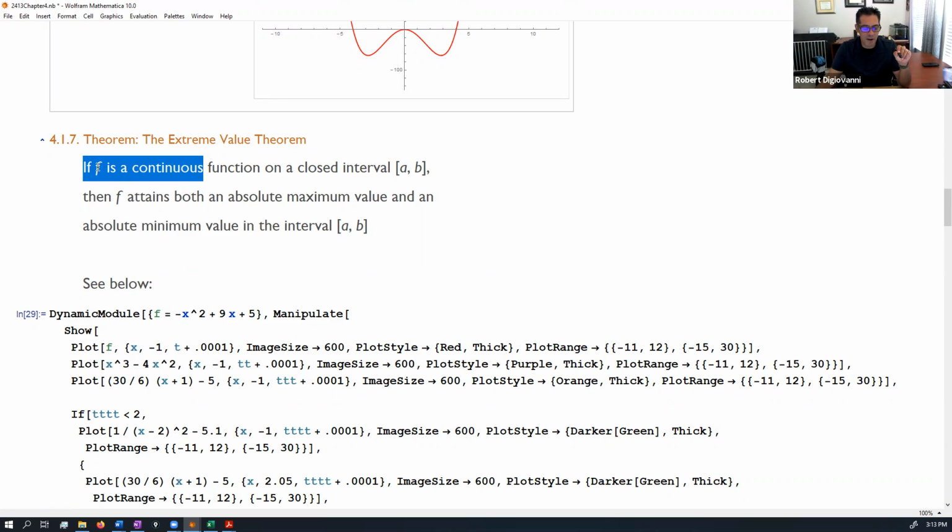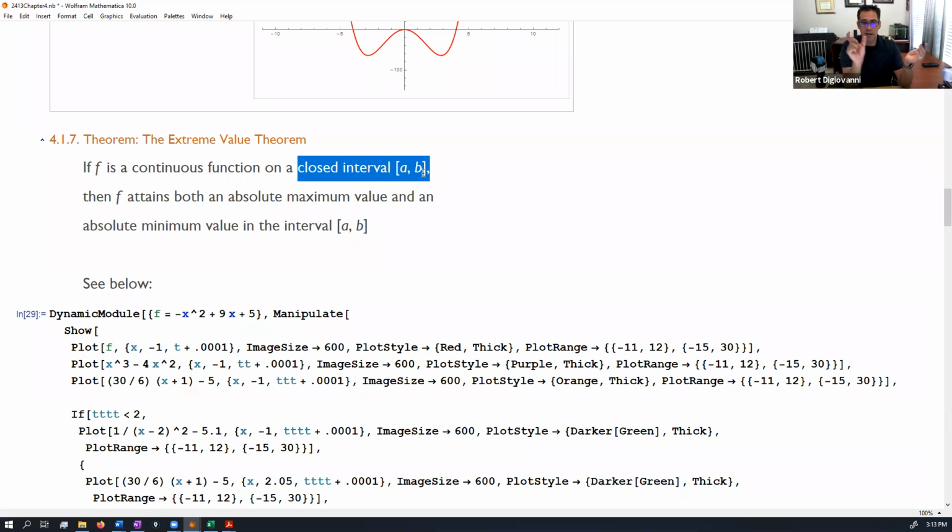So let's say you have a function that you can draw without picking up your pencil, and it's defined on a closed interval, okay? Meaning that you're going to start at one point, draw, and then end at another point, and you can't pick your pencil up, okay? Let's say we start with that.